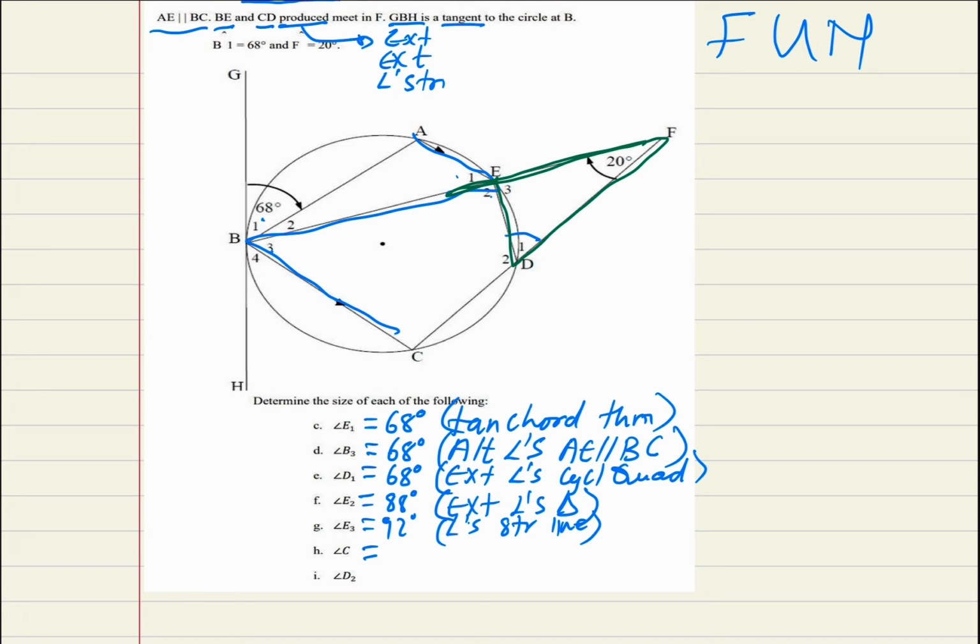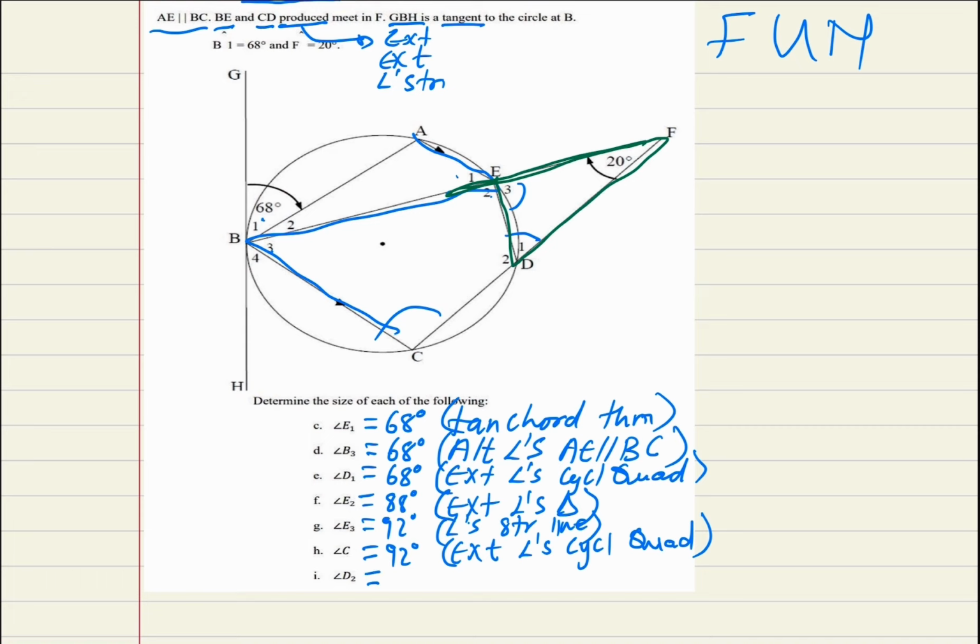Angle C. Now how can I find angle C? This one and that one. Exterior angle of a cyclic quad. So that's 92 degrees and exterior angles of a cyclic quad. Then from there, I'm going for D2. Where is D2? Here is D2.